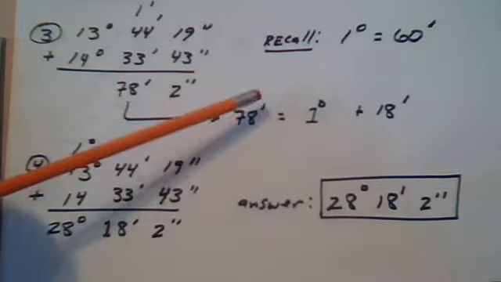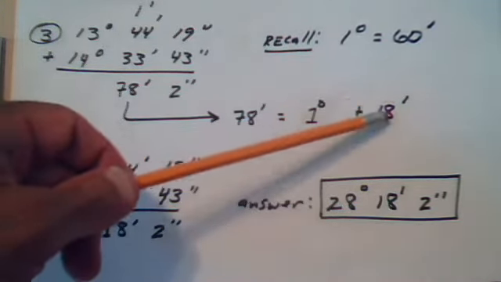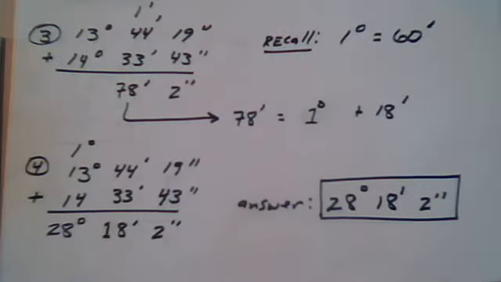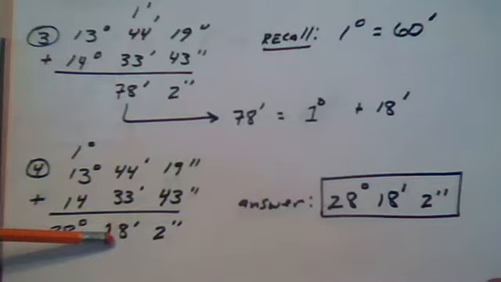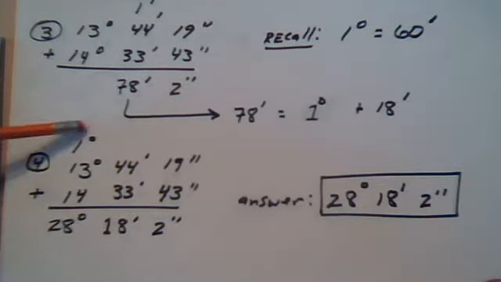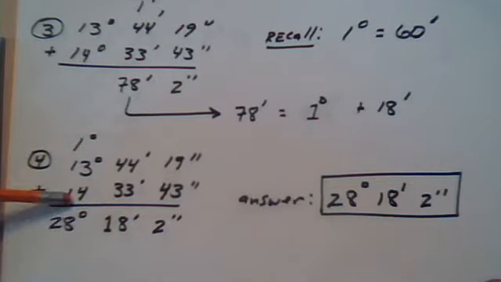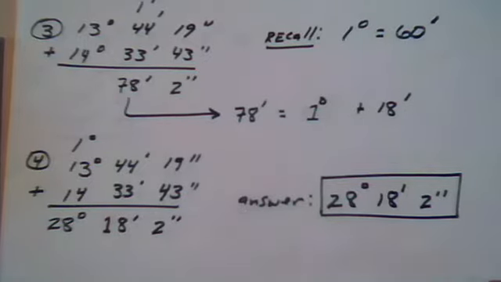So 78 minutes is the same thing as 1 degree plus 18 minutes. So the minute portion stays with the minutes, and the degree portion carries over to the degree column. You add these three numbers and you get 28 degrees. So our answer is 28 degrees, 18 minutes, 2 seconds.